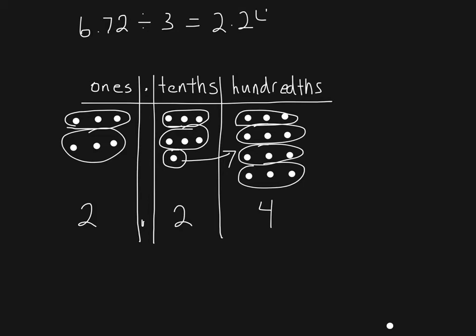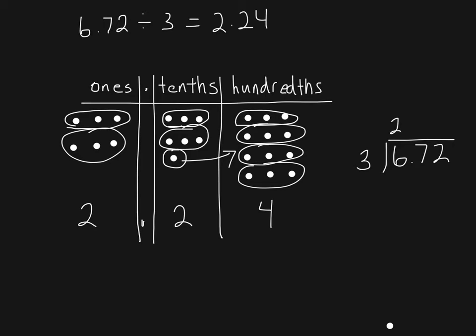Now I'm going to show you how this relates to the standard algorithm. So I'm starting off with my dividend, 6 and 72 hundredths, and the divisor is 3. And I'm going to start at the left in the largest place once again, and I'm going to say, okay, I've got 6 ones. How many groups of 3 can I get out of 6 ones?